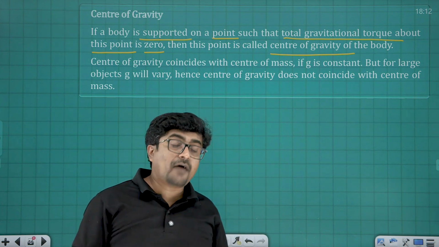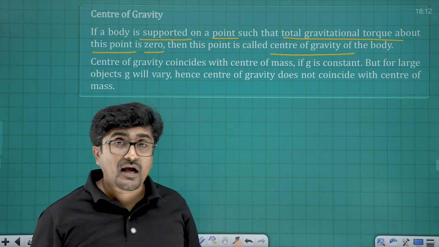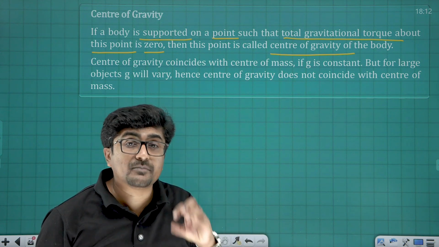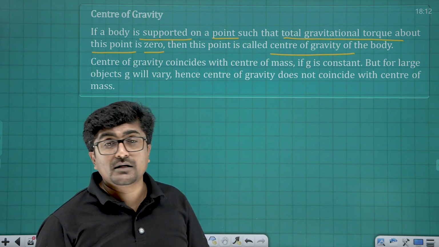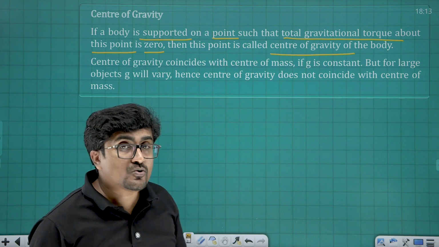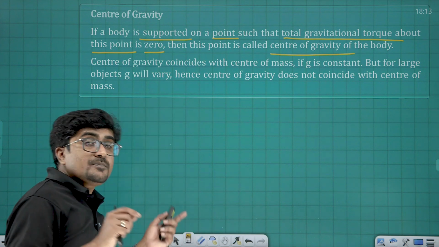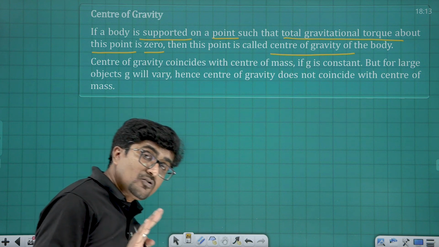But if we have an object which is comparatively very big, and because of that the acceleration due to gravity experienced by different masses in the body is different, then it's not going to be so, because acceleration due to gravity changes with height. So in the special case where acceleration due to gravity is constant, the center of mass is the center of gravity.